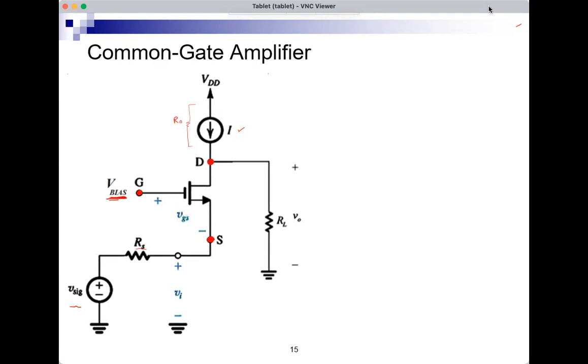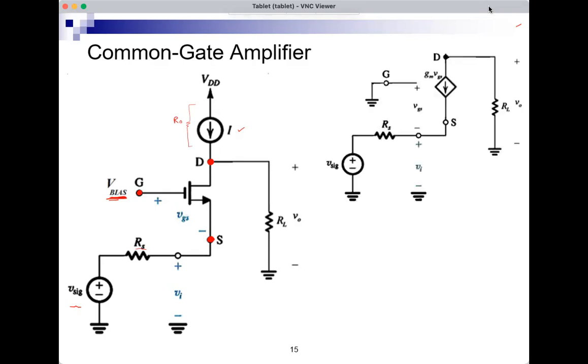And also, I will not include for now small RO. So that's my MOSFET here: gate, drain, source. That's my input. The input is connected to the source. That's my output taken from the drain.